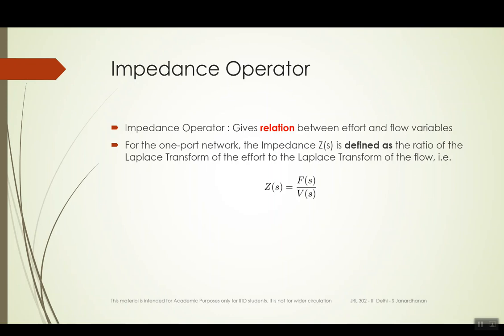So if you take the example of the one port network, you have the impedance Z of S defined as a ratio between the Laplace transform of the effort variable and the Laplace transform of the flow variable.